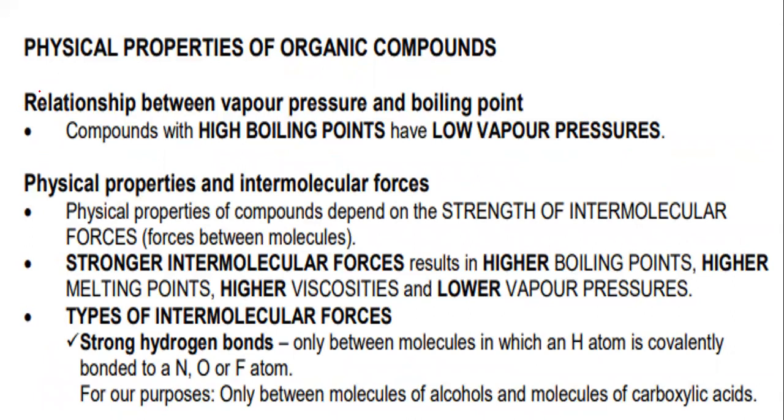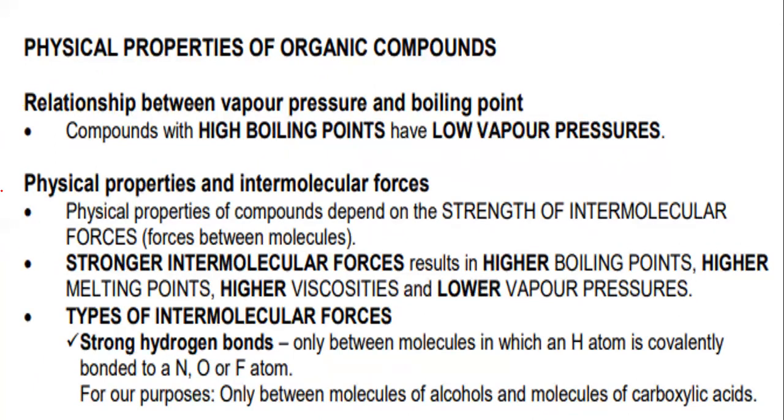Now, let us go again and revisit this relationship that I was talking about here. Physical properties of organic compounds that we are going to look at again, my dear learners. As a reminder, we said it's boiling point, it's melting point, and it is vapor pressure.